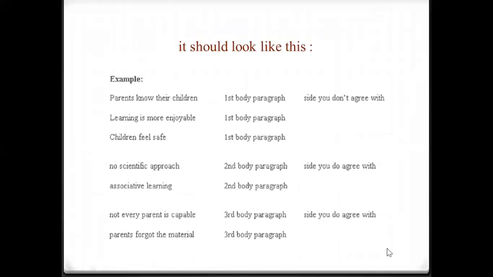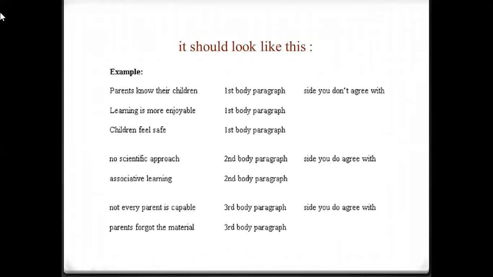It should look like this. So we have the following example. Okay, remember that in your body, the first paragraph is the part where the side you disagree with goes: parents know their children, learning is more enjoyable, children feel safe. Okay? This is the side you don't agree with.